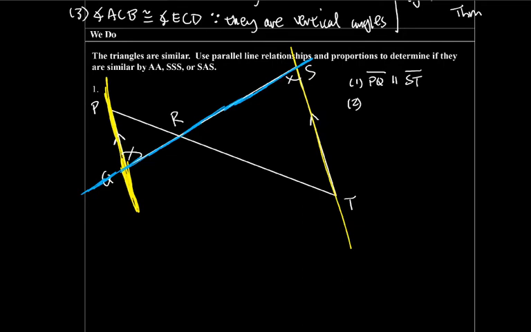Let's say angle RST is congruent to angle RQP because they are alternate interior angles.